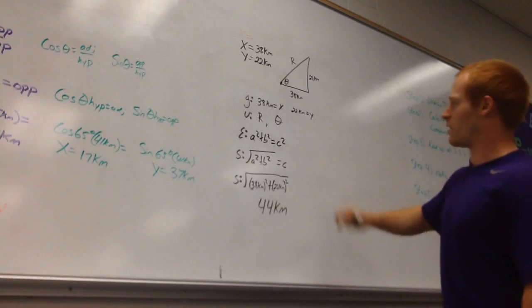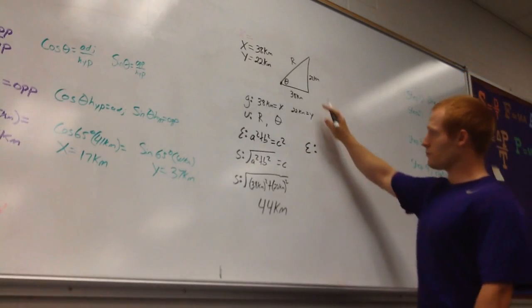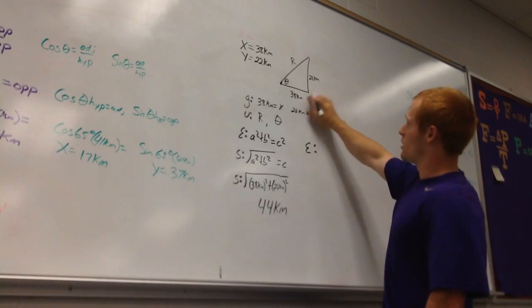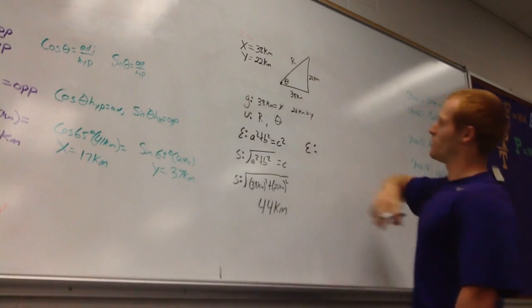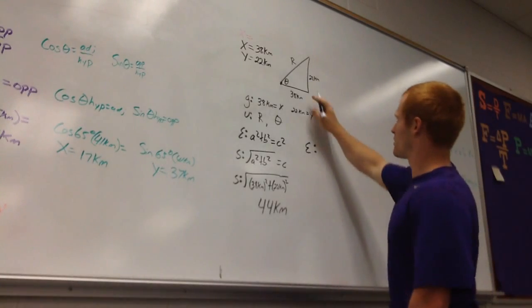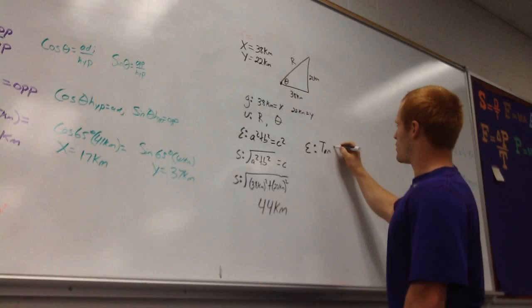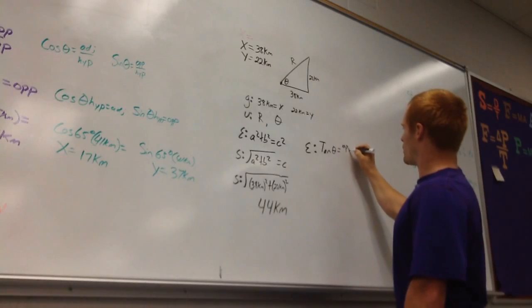Now we're going to find theta. So over here, I'm going to do a second equation for theta. I'm actually just going to use tangent, because for opposite and adjacent, I like to use tangent, since I already know those values. Tangent theta is opposite over adjacent.